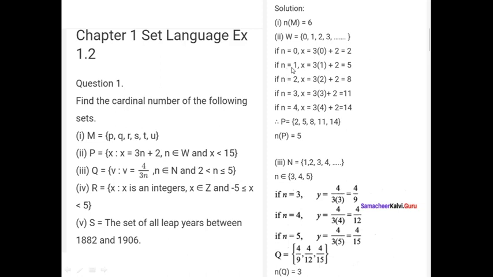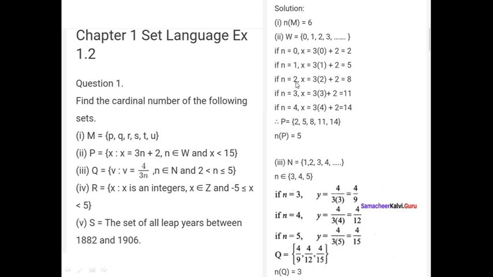Next, n equal to 1. So x is equal to 3 of 1 plus 2. 3 of 1 is 3, 3 plus 2 is 5. Our 5 is less than 15, so we can have this value.